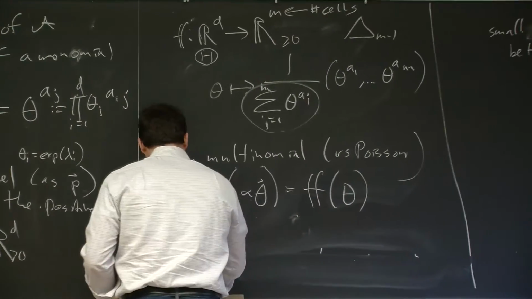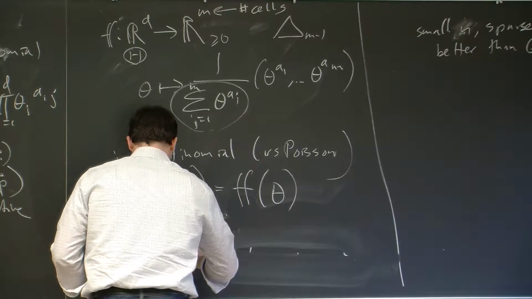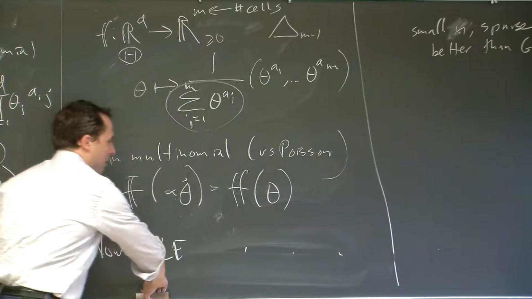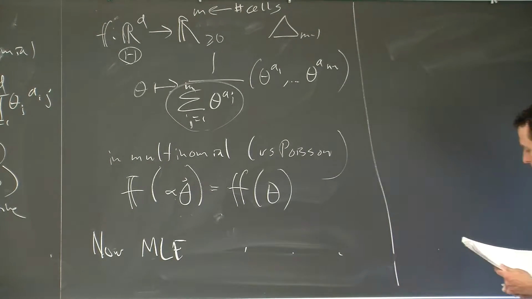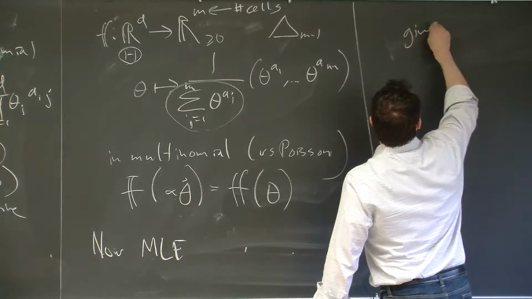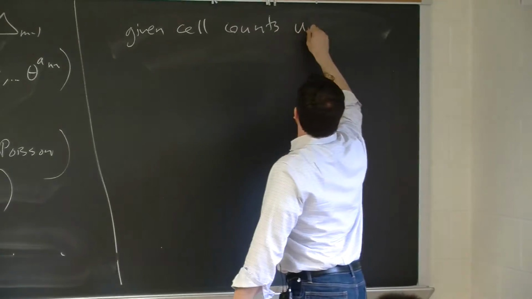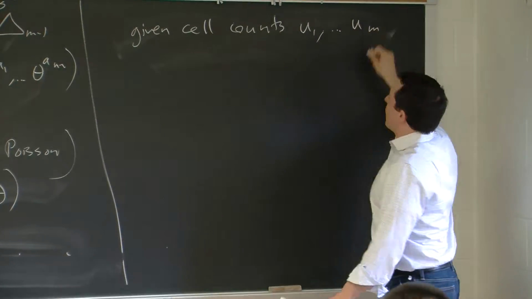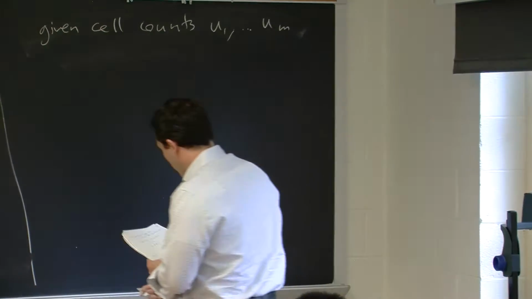So now what we want to do is maximum likelihood estimation. Maximum likelihood estimation for this model proceeds as follows. We're given cell counts, call them U1 up to UM. These are how many observations we saw in each cell.